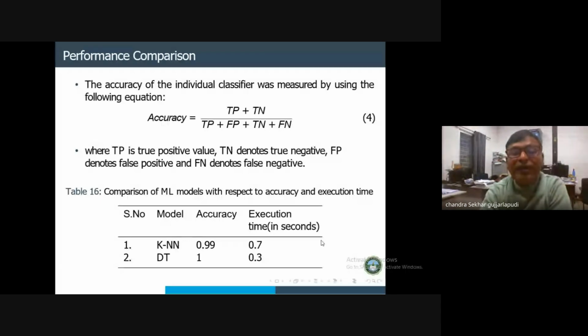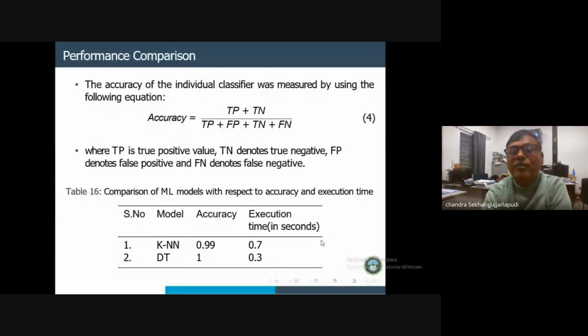Now we have calculated the accuracy. We have done the classification problem, and we have determined the accuracy by true positive, true negative, false positive and false negative. True positive plus true negative divided by true positive plus false positive plus true negative plus false negative will give you the accuracy value.